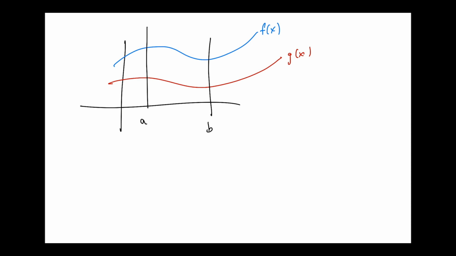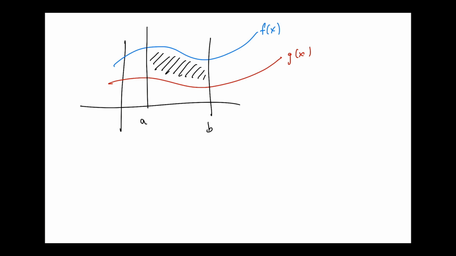How would I find the area between those two things? Let me sketch what area I'm talking about. So that's the shaded area. We do some sort of integral.